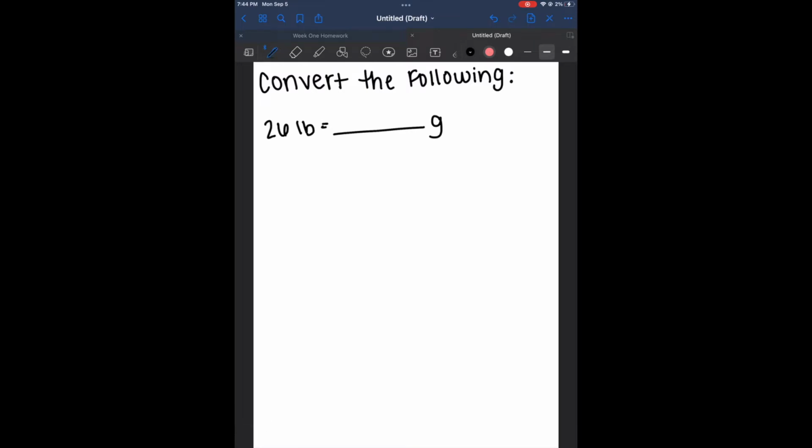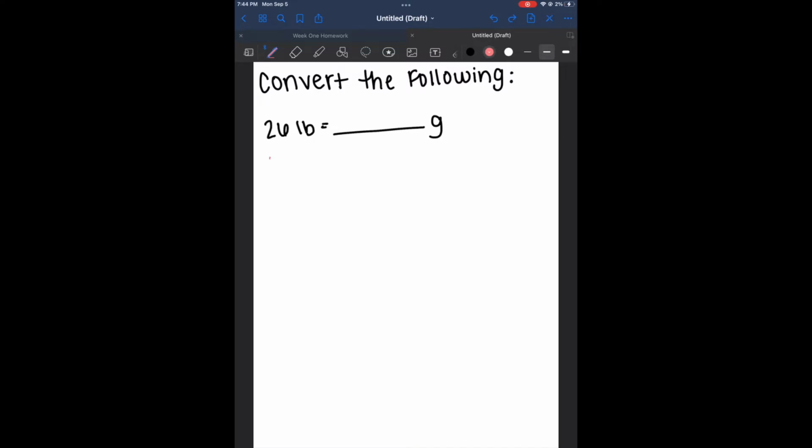Now, the other thing that I was asked to work out was how to convert pounds to grams. So let's say you're working your test and you see this problem and you've studied your conversion sheet and you're thinking, there's nothing that specifically took me directly from pounds to grams. So you're probably thinking, okay, how am I going to do this?